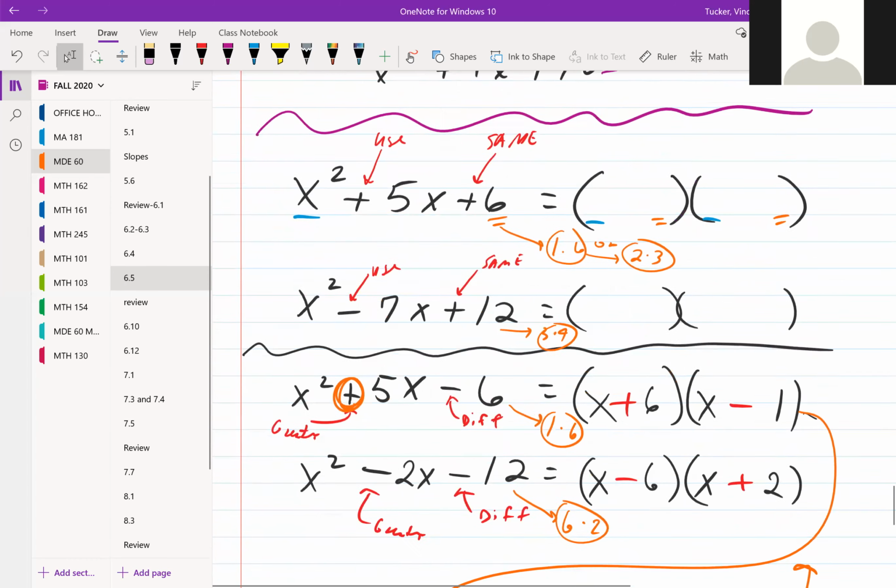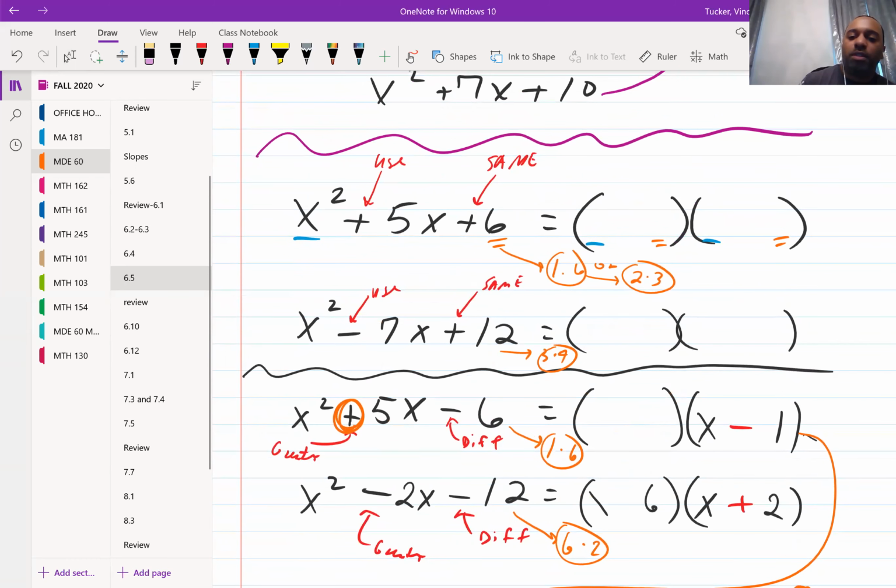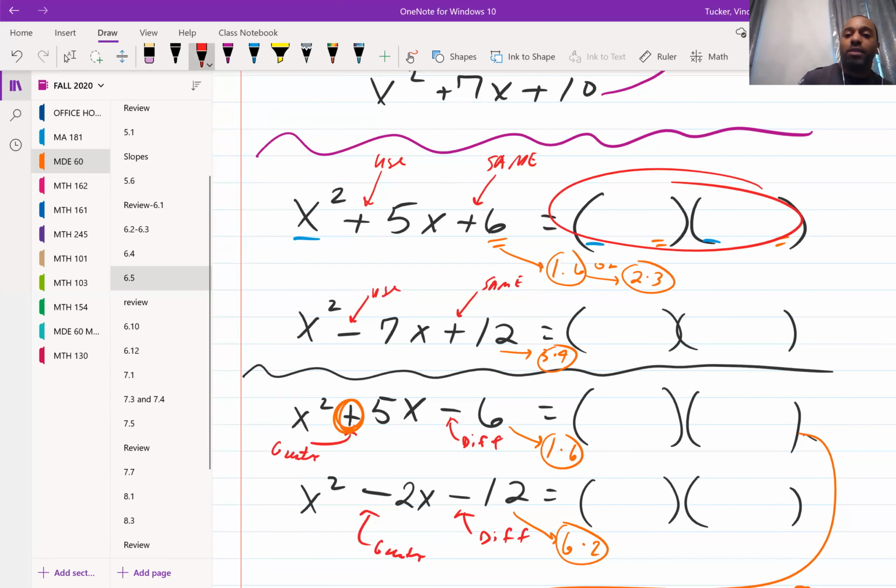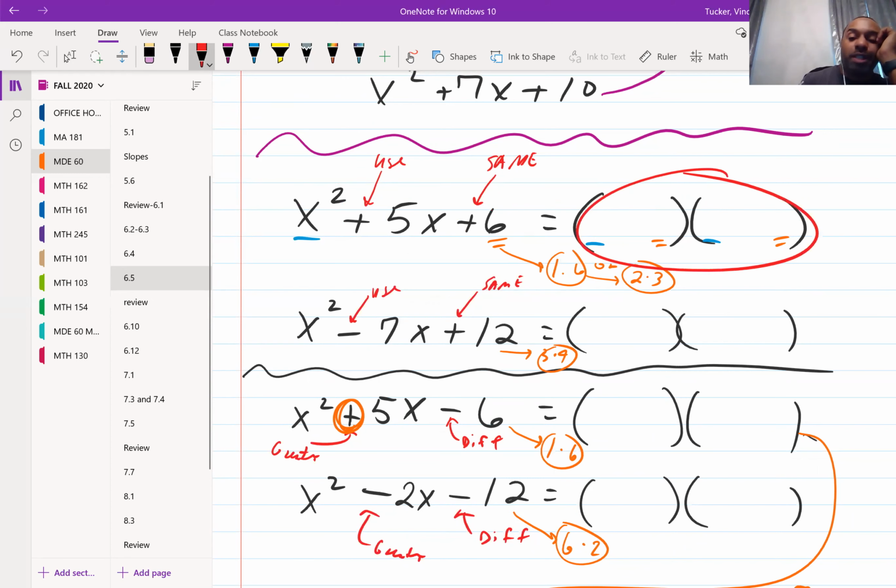All right. So let me erase this. So there's going to be 4 scenarios that you guys will come across that from the jump, you will always be able to tell what your signs are supposed to be inside of these parentheses. So if you lean on this, no matter what numbers you have here, you'll always be able to tell at least what signs are supposed to be in the parentheses.